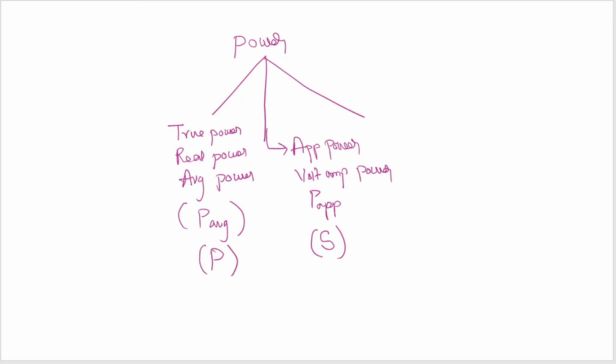P is the denotation for real power or true power. And the third one is reactive power, and this power is denoted with Q. So P, S, Q.